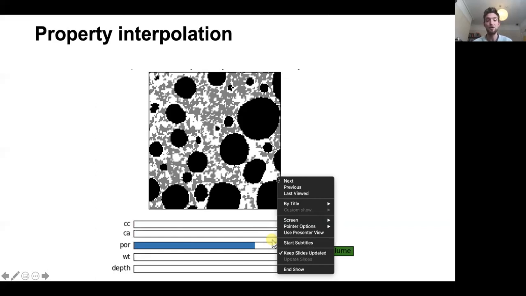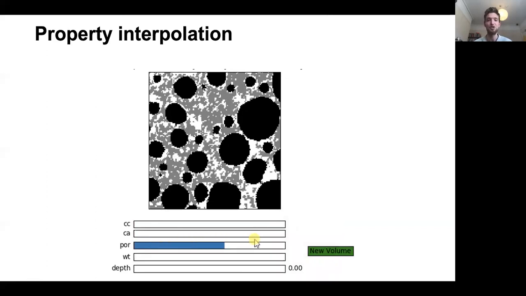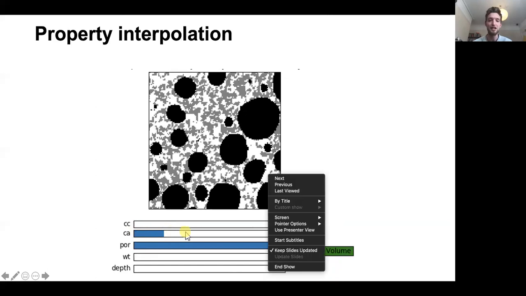What's even cooler is that you can see this interpolation between properties where we were only trained on low porosity and high porosity, but my generator understands how to interpolate between all of those properties, and how to increase porosity as we go along there. The next cool thing we can change is the binding strength between gray and black.